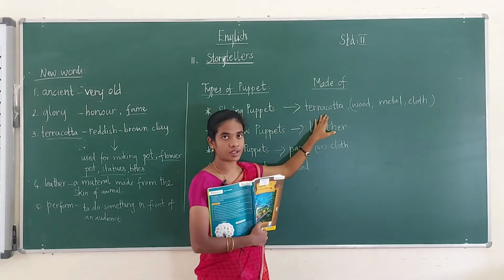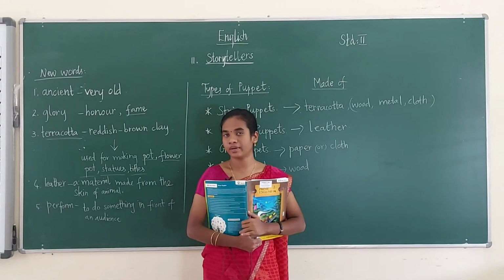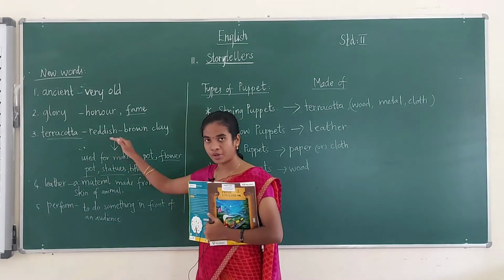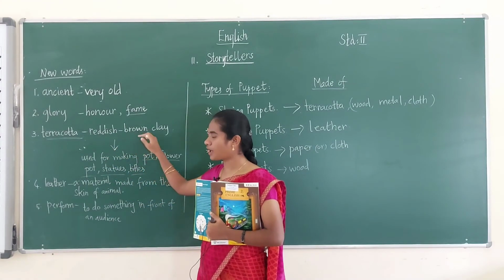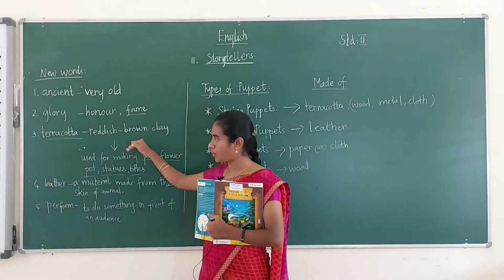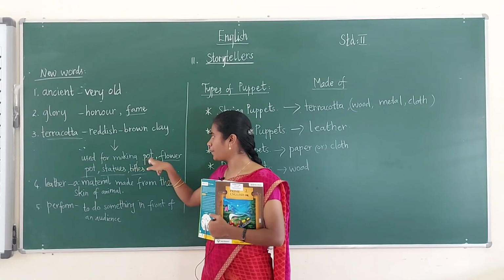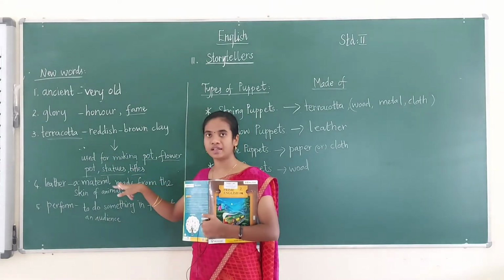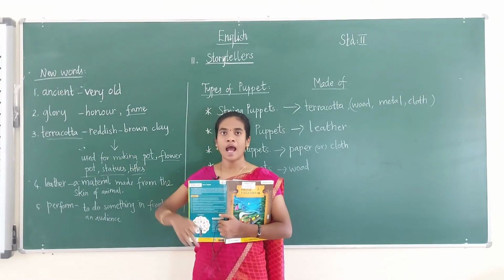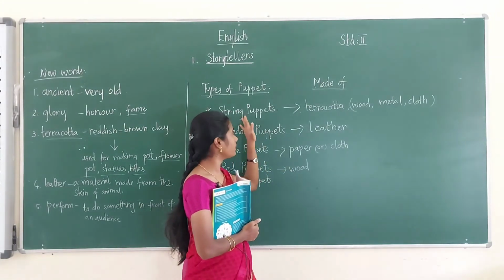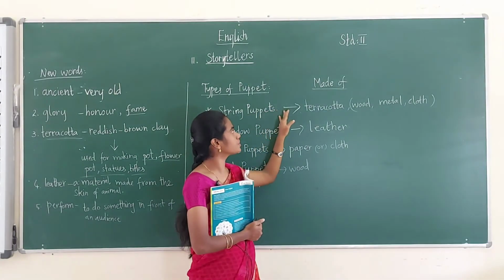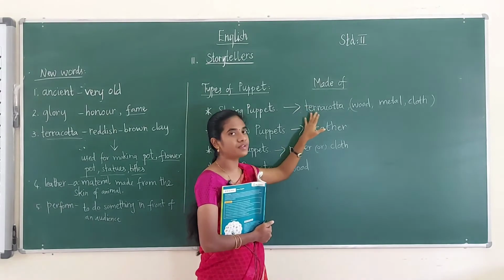Terracotta is a reddish brown clay. We bake the reddish brown clay, and after that we can use it for making pots, flower pots, statues and tiles. String puppets were made of terracotta.